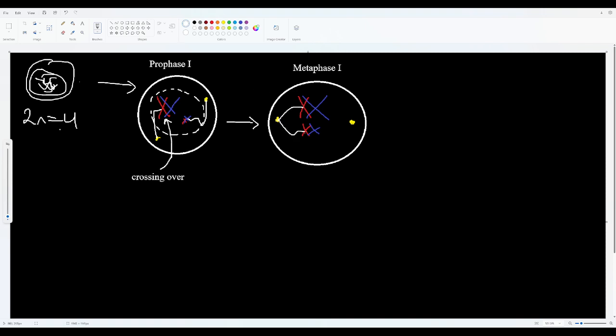The spindle fibers move them to the middle, just like this. Notice how they're still attached. But also notice that if we split it in half preemptively, one daughter cell is going to end up with all of mom's chromosomes, and one daughter cell is going to end up with all of dad's chromosomes. This can change. There's another way we could actually draw this.